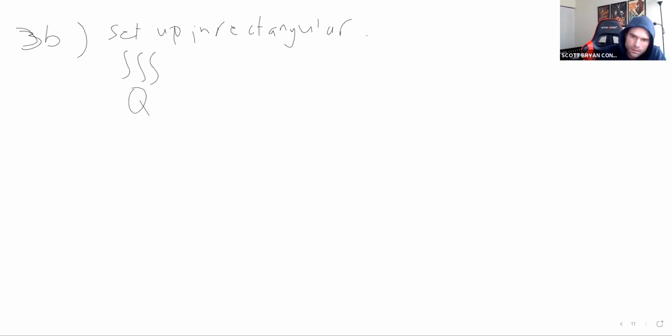So 3B. We want to set this up in rectangular. So the integral over Q of x squared plus y squared plus z squared with respect to volume.